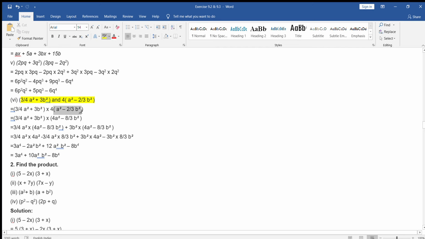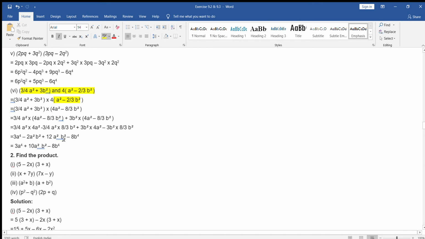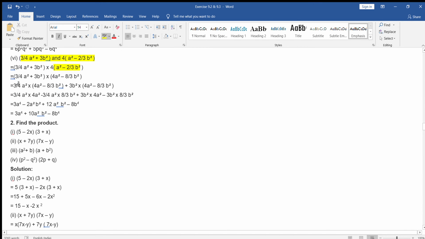We will multiply a square minus 2 upon 3 b square with 4. Then we will multiply the remaining terms. Just see, 3 upon 4 a square will be multiplied by that complete bracket, then plus 3b square will also multiply by that complete bracket. On multiplication, we find our answer.